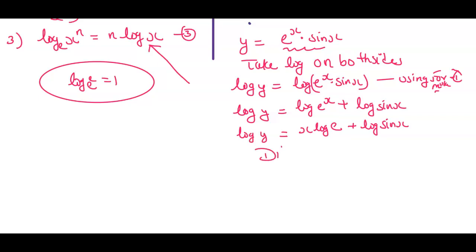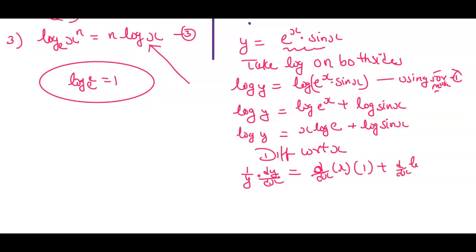Now differentiate with respect to x, which is 1 upon y dy by dx. x log e has to be taken as only x, so we have d by dx of x, since log e is 1, plus d by dx of log sine x.